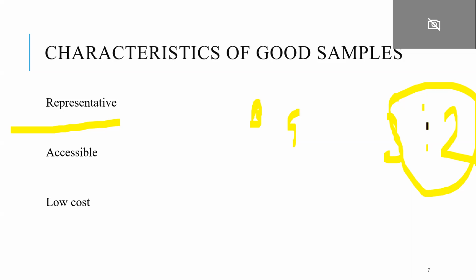If you are performing a study on something which is not accessible to you, that will not represent a good sample. And we always know that research is very parsimonious in nature. Parsimony means less resources. It involves very few resources. So whatever sampling you are performing should have a very low cost. Based on very low cost, it will represent a good sample.